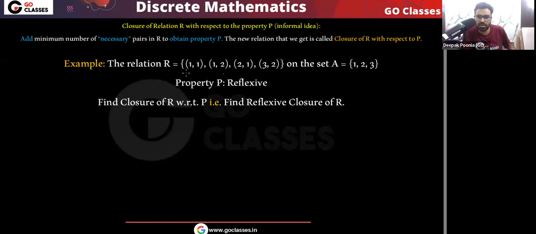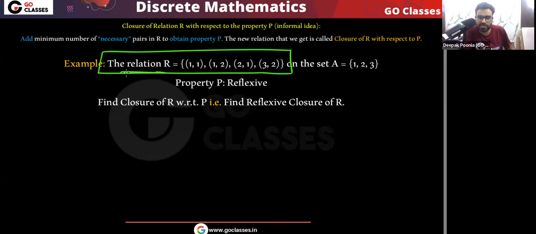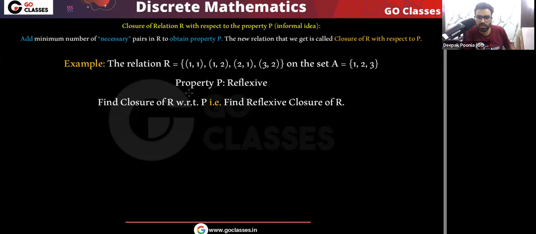The answer is no. To satisfy the reflexive property, the relation must contain all the reflexive pairs. But here we have (1,1), we don't have (2,2), we don't have (3,3). This is the base set {1, 2, 3}. So you tell me, in this relation R, which necessary pairs must I add to obtain this property?